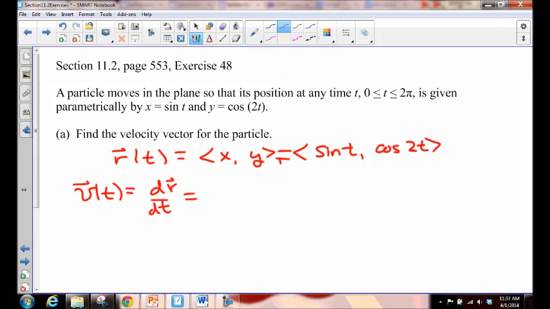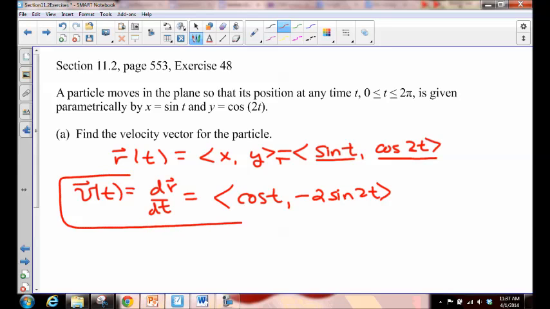We're going to take these derivatives of each component independently because we treat the x and the y directions separately. So we're going to take the derivative of sine t with respect to time and get cosine t, and then the derivative of cosine 2t with respect to time and get negative 2 sine 2t. So this is going to be our velocity vector.